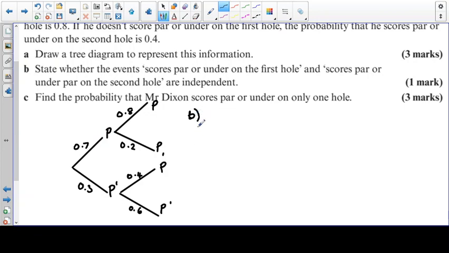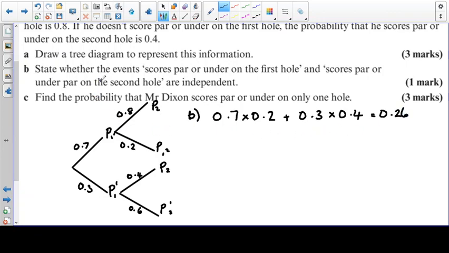C, find the probability that Mr. Dixon scores par or under on only one hole. So he's either going to get par on the first and then not on the second, or he's going to not get par on the first and then get par on the second, which is 0.26.